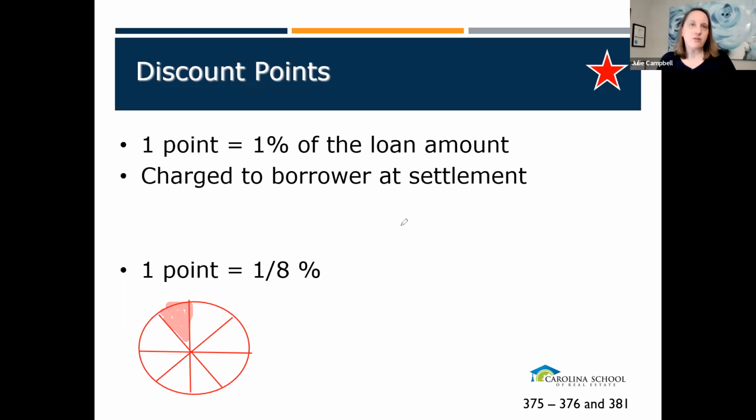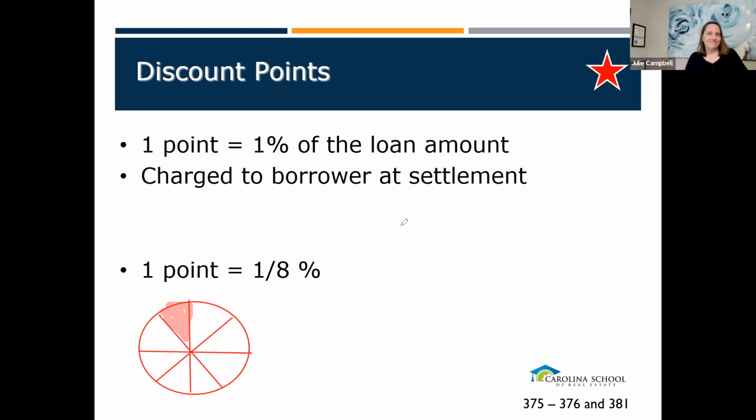The lender is increasing their interest rate by a piece of pie. If you're buying 2 discount points, then you're reducing your interest rate by 2 pieces of pie. If you're buying 4 discount points, you're reducing your interest rate by 4 pieces of pie.